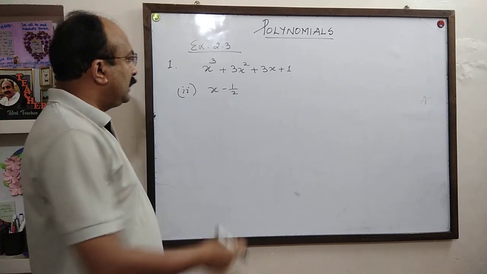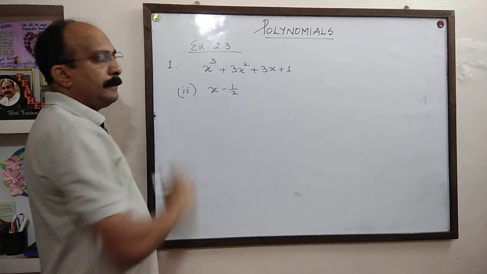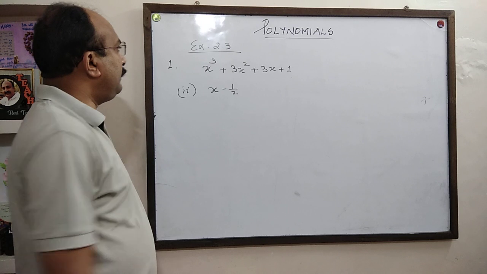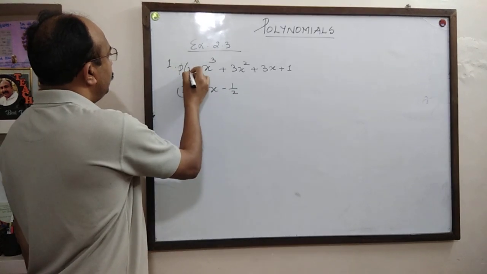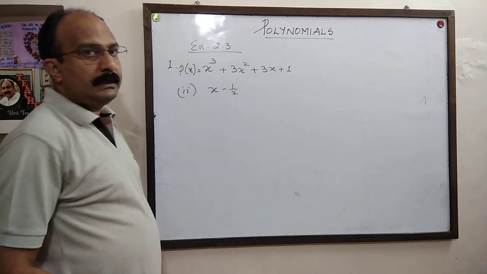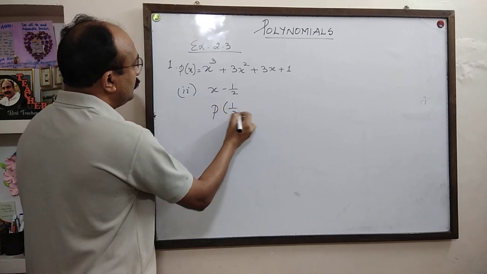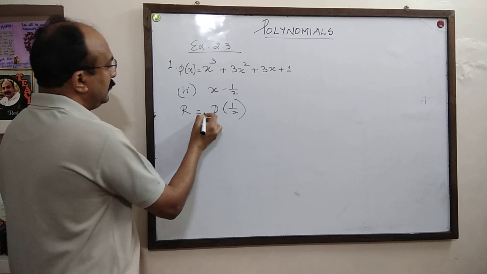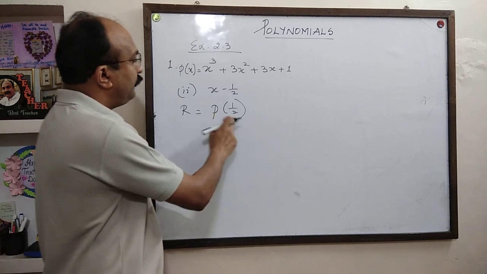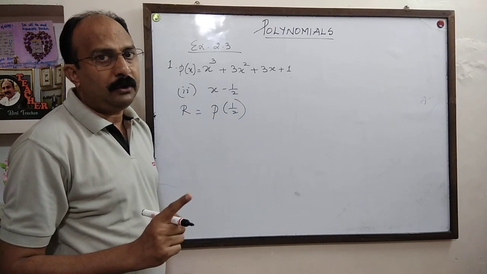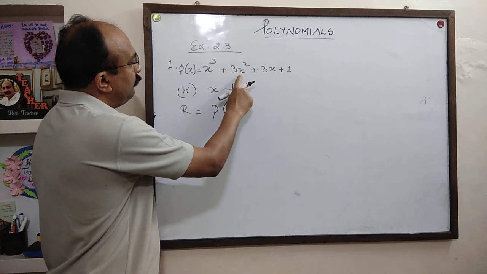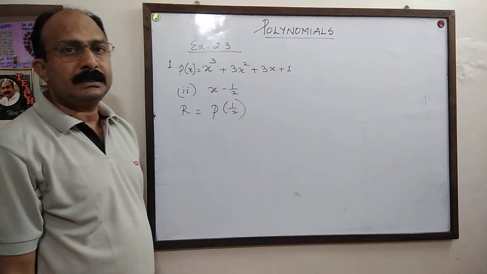So all of you know, using remainder theorem, this time the remainder will be equal to p of 1 by 2. How will you find p of 1 by 2? Putting 1 by 2 in place of x.